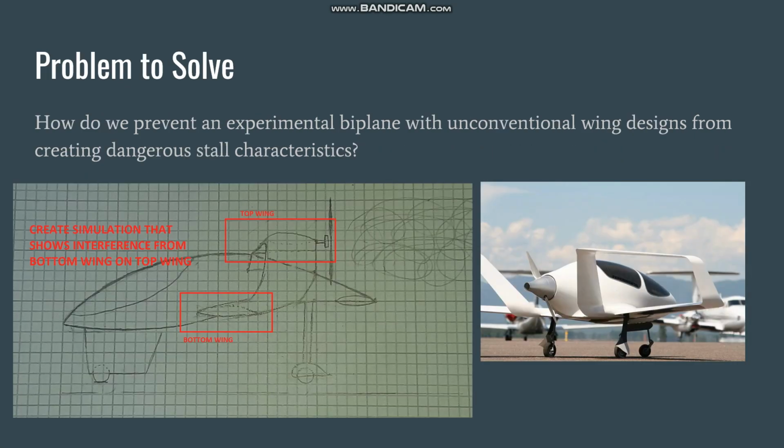The problem that we're trying to solve is based on our senior design project. We have the bottom wing and the top wing, and we're trying to figure out, is there a problem when the plane starts flying at high angles of attack, like at low speeds? Is there a problem where the bottom wing will interfere with the top wing?